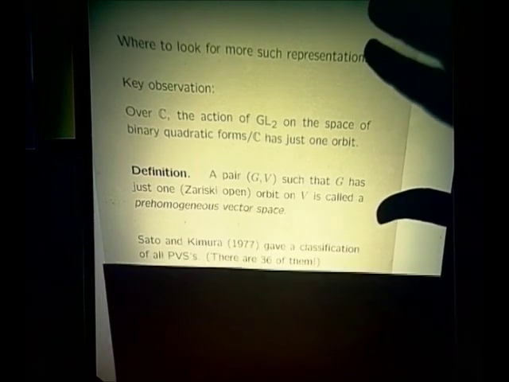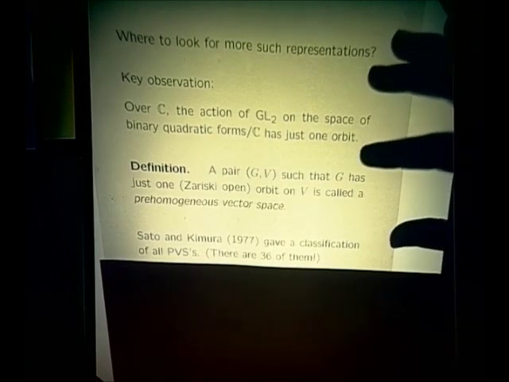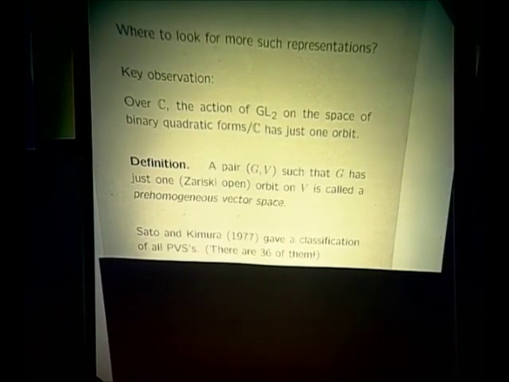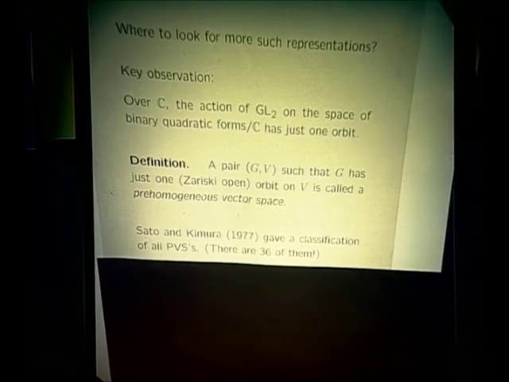And the answer is yes. Sato and Kimura gave, in 1977, a classification of all prehomogeneous vector spaces because there are certain applications in representation theory of such spaces. We're looking for applications in arithmetic, but luckily they came up in another subject beforehand. What Sato and Kimura proved is that there are 36 such representations.